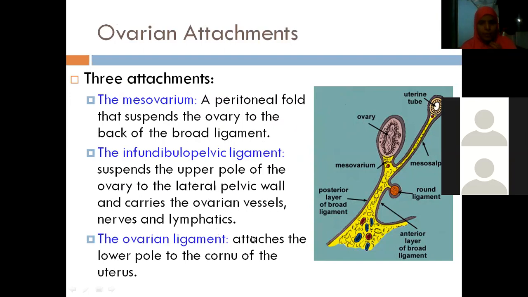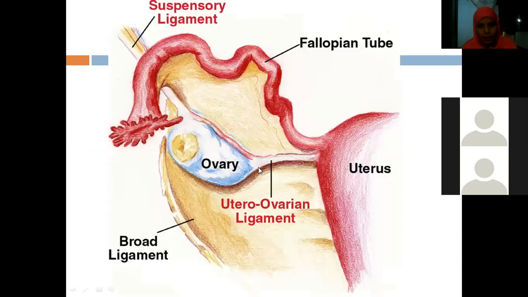Then the ovarian ligament attaches the lower pole of the ovary to the lateral horn of the uterus. This is the utero-ovarian ligament.